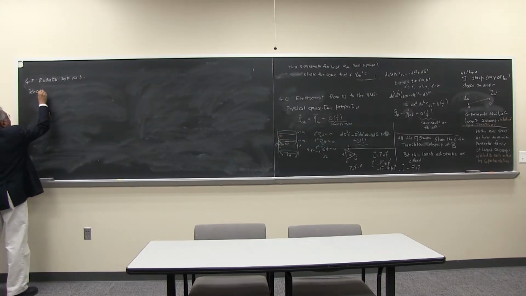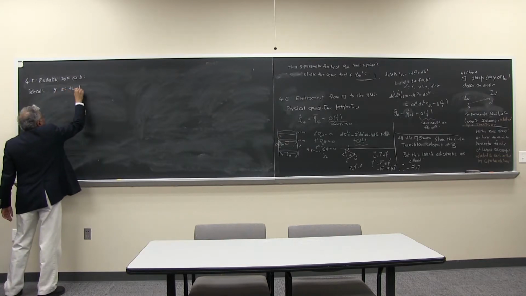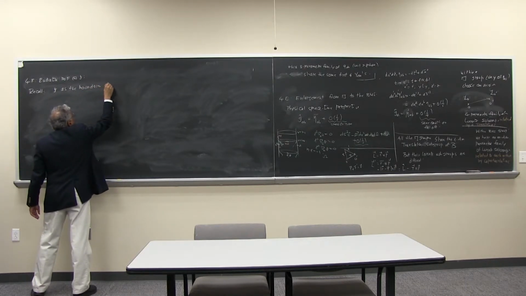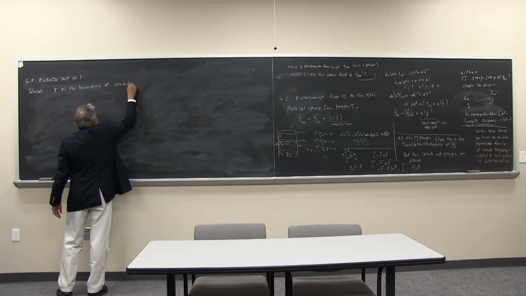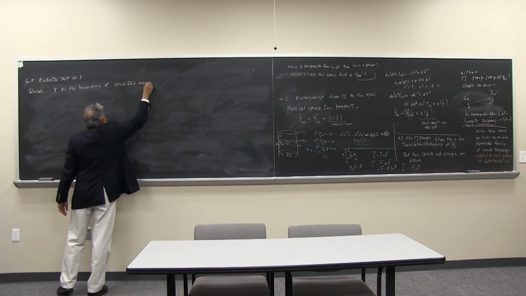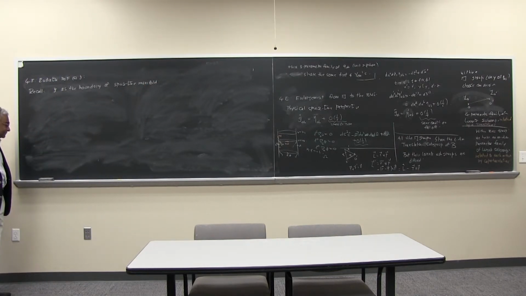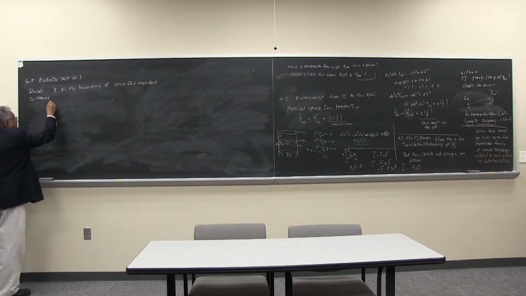What do we have for Scri? It is a boundary of the space-time manifold, and we saw this in the language of the conformally rescaled space-time.